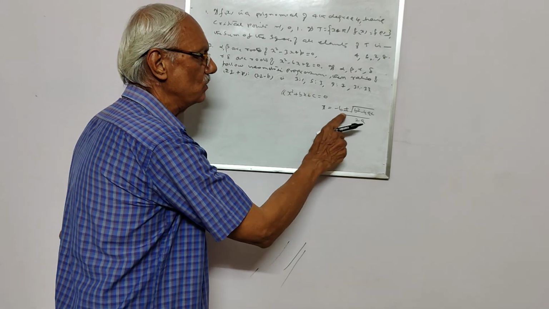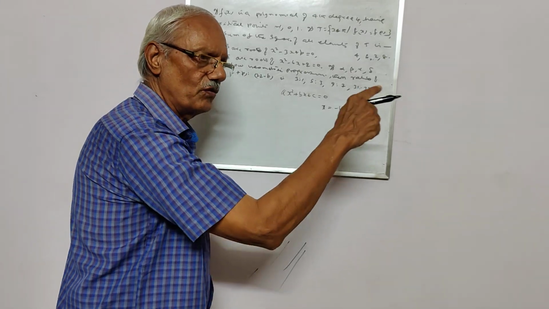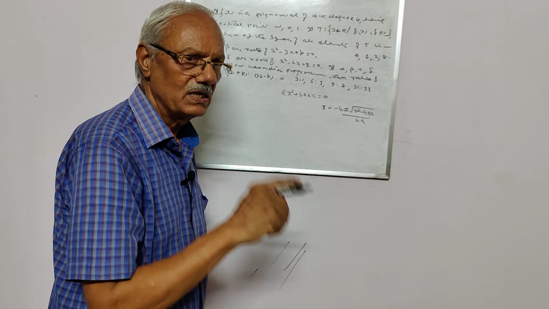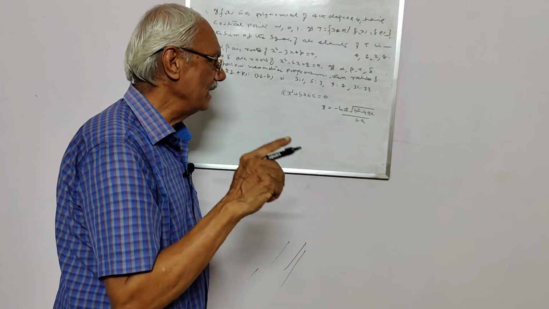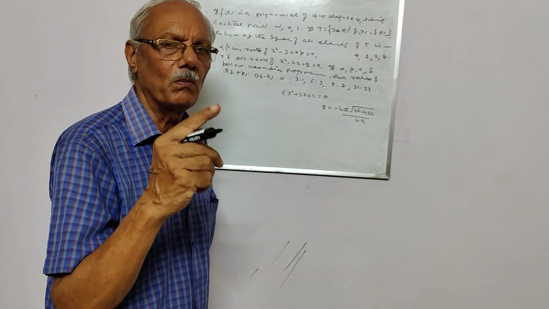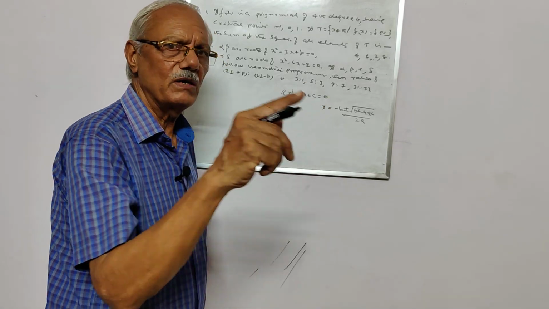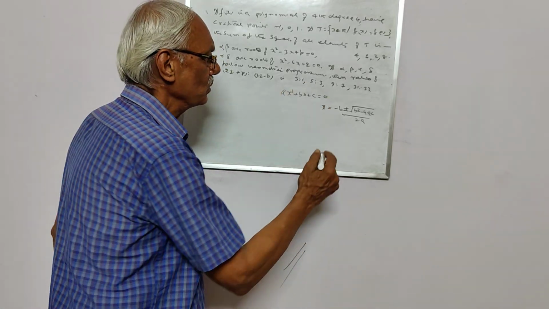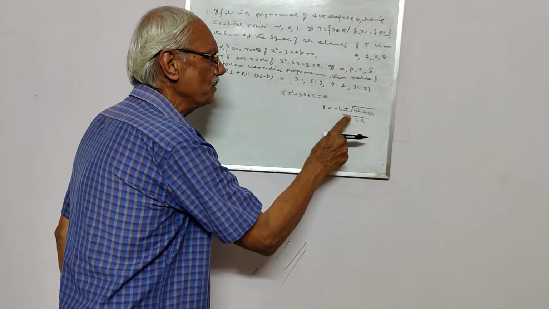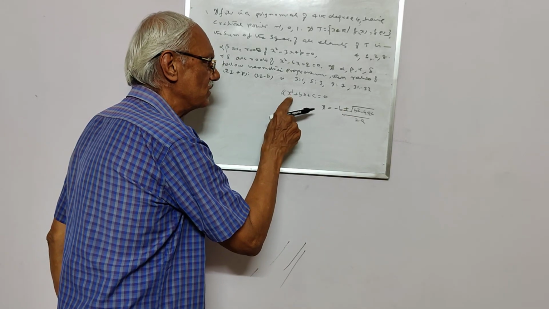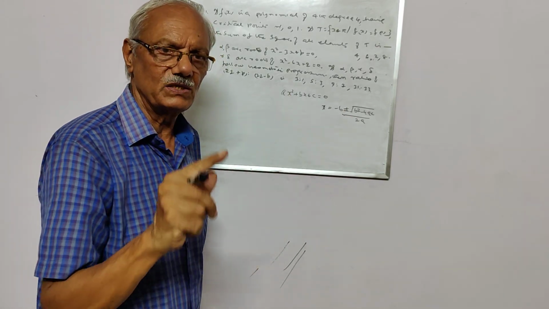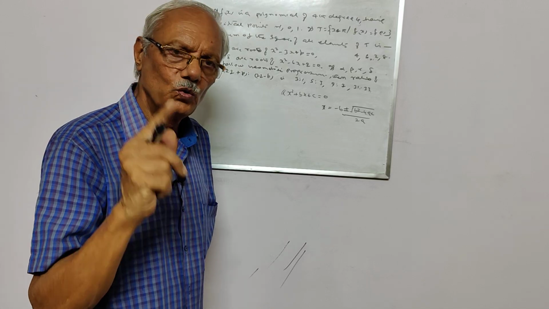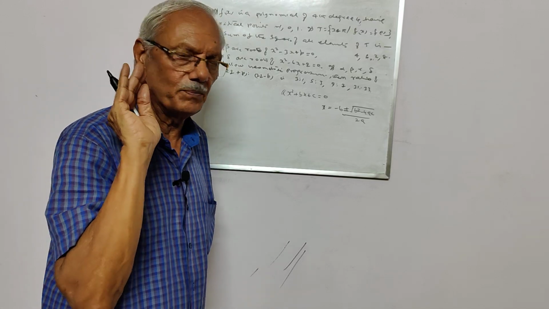There are two roots. x is equal to minus b plus the square root of b squared minus 4ac divided by 2a, that is one of the roots. And another root is minus b minus the square root of b squared minus 4ac divided by 2a. Because if you substitute them in place of x, the left hand side will become 0, we call them roots, and we can also call them critical points.